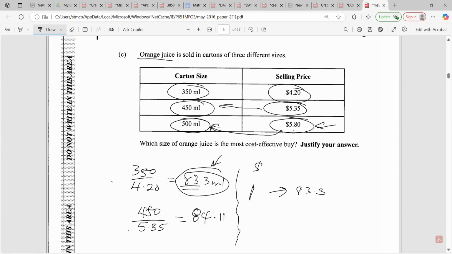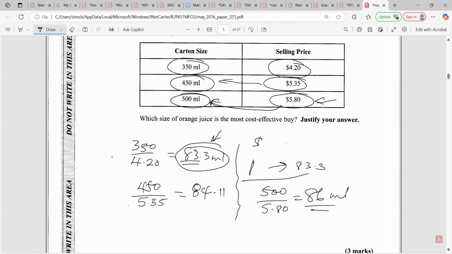So what I got was 0.012 for that. Then the same thing for the others, and for the 350 divided by the $4.20, I got 0.012 also, and the other one I got 0.0116. So which is the most cost effective to the consumer?